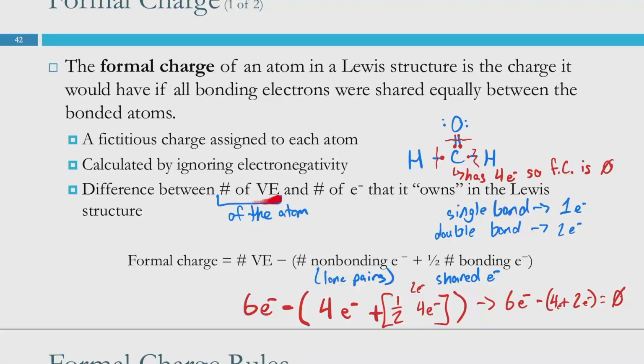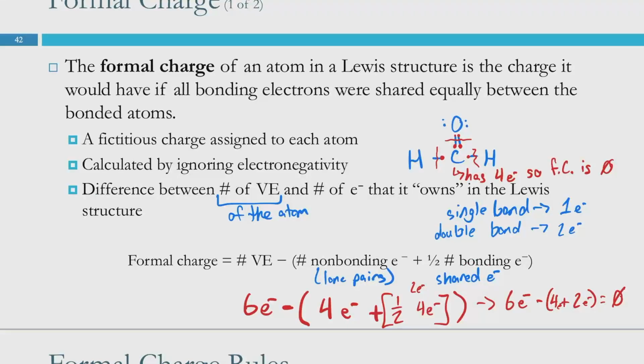It's the difference between the number of valence electrons that that atom has just by itself, so based on where it is on the periodic table, what column it's in, and the number of electrons that it's touching or that it owns in the Lewis structure. So that's going to be all of its lone pairs plus half of its shared electrons.